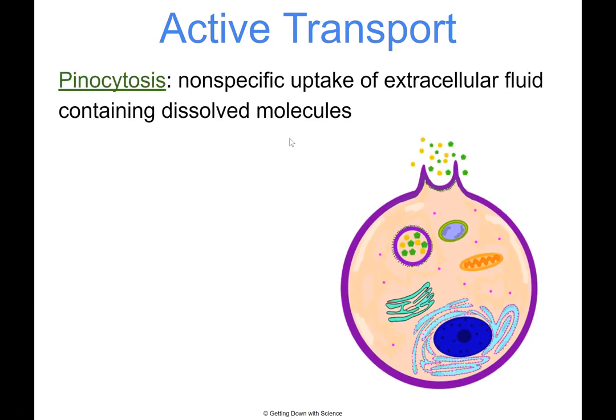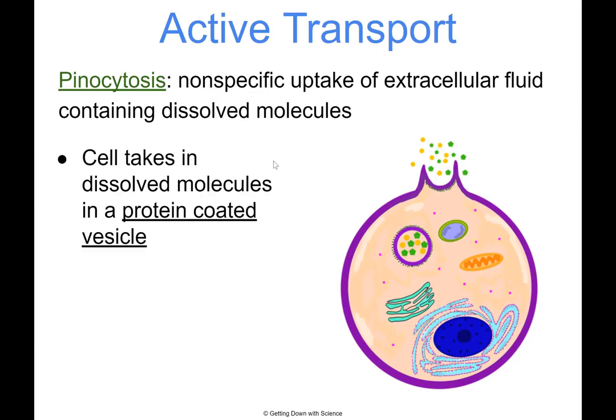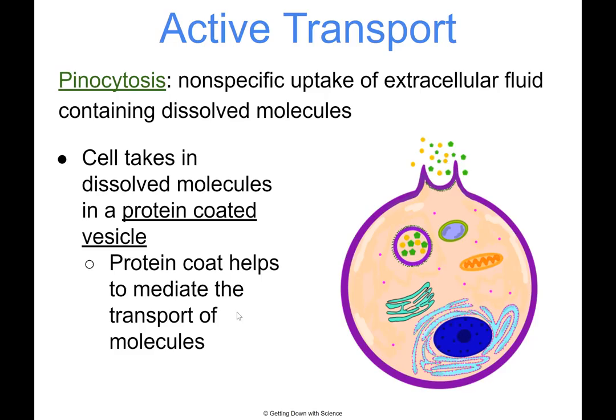For pinocytosis, we have these much smaller particles that are kind of dissolved in there. That's why I said it's almost like it's drinking. But the process is the same, where we're taking those materials into a vesicle. And then that vesicle will come in and we'll go through the same process.